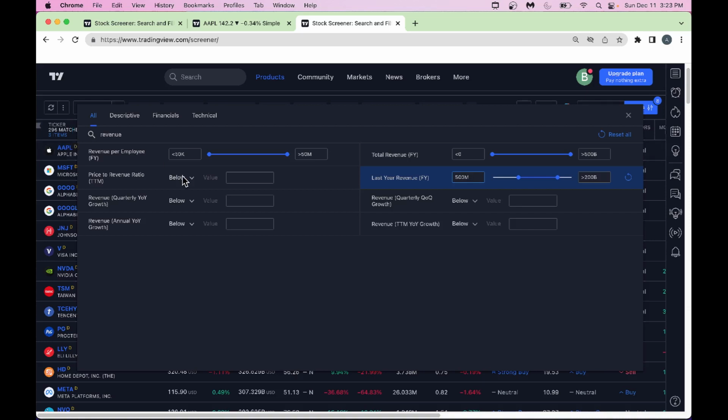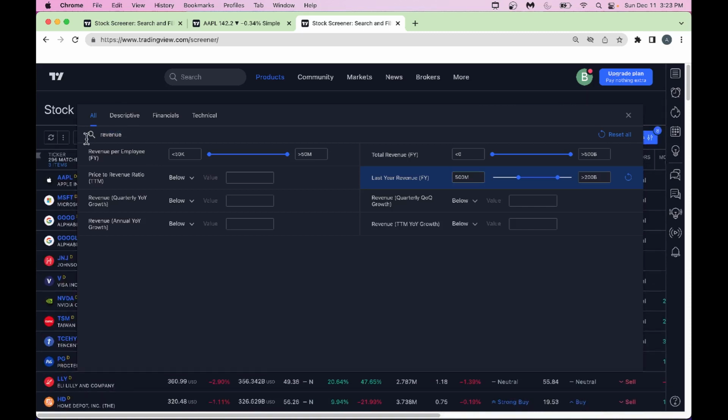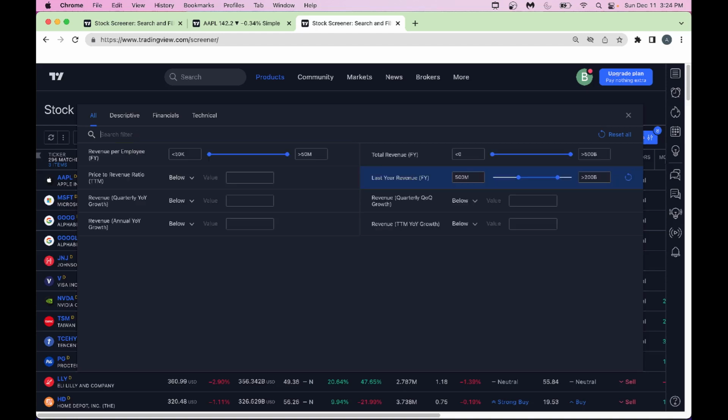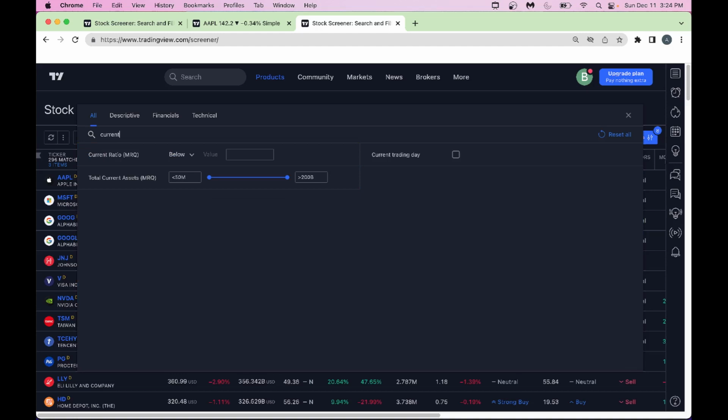Next are a few important ones here. You gotta want to make sure companies have got enough money. So that's where current ratio comes in. So you can type in current here to look at the current ratio. All right, so we got current ratio here. As many of you know here, current ratio is really current assets divided by current liabilities.